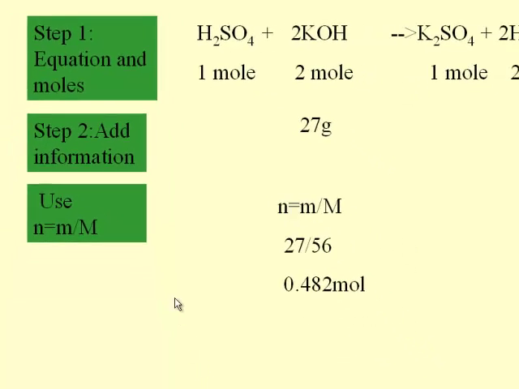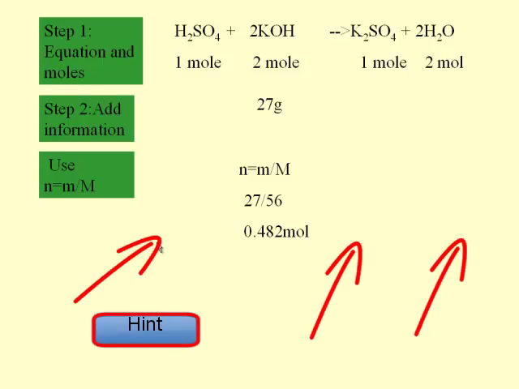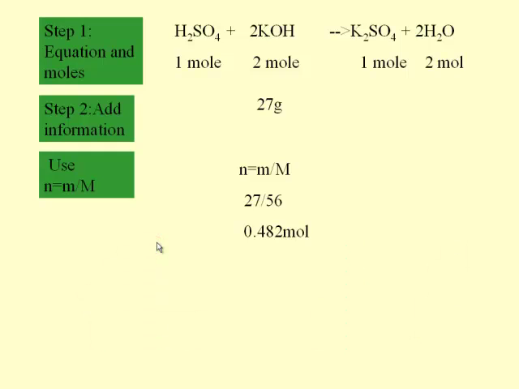Now, if we've got 0.482 moles under the potassium hydroxide, what can we then do? What's the next step going to be? We know that number of moles there. We know the amount of potassium hydroxide. What do we immediately know from that equation? Once we've got the amount of potassium hydroxide fixed, what else do we automatically know? What other amounts do we know? Yeah, so what else can we write in underneath that equation once we've got that number there?